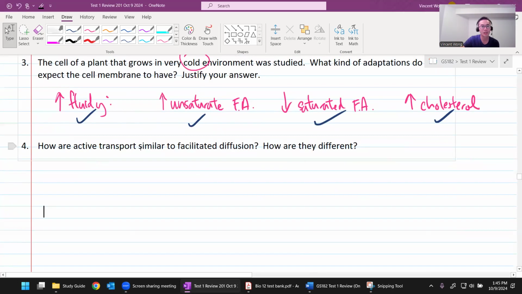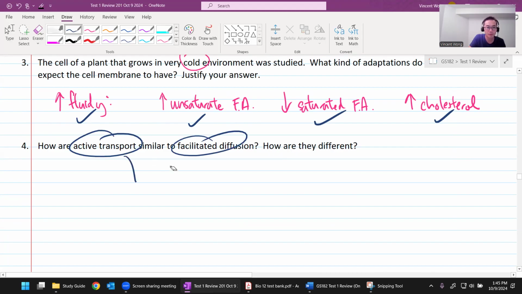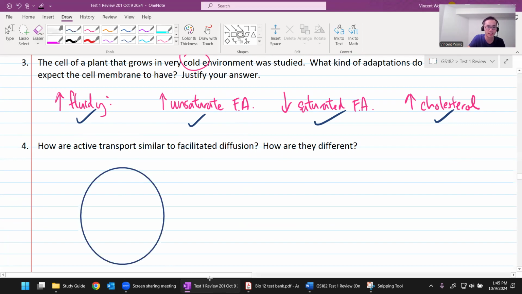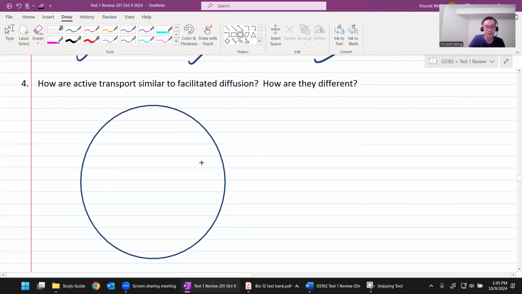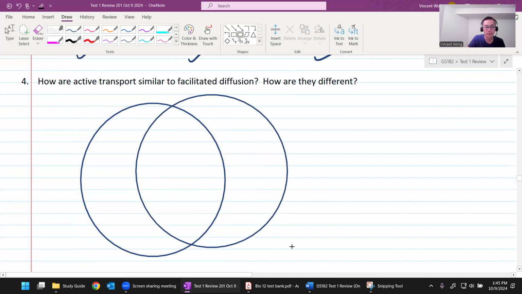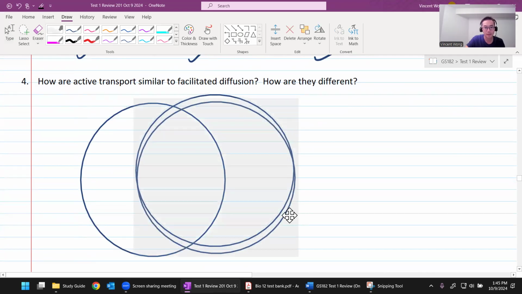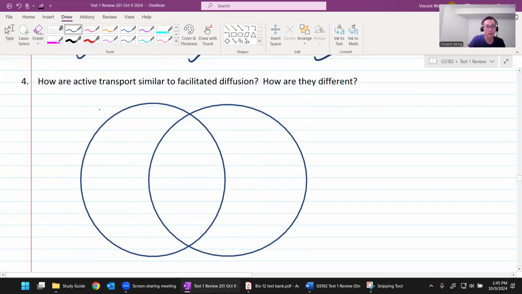Anyways, how is active transport similar to facilitated diffusion? Depending on what kind of active transport and what kind of facilitated diffusion, for similarity we can do a Venn diagram, just very briefly here. Active transport and facilitated diffusion.